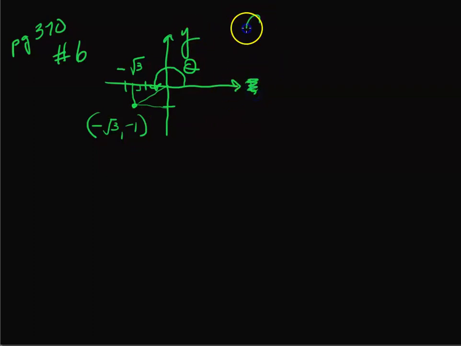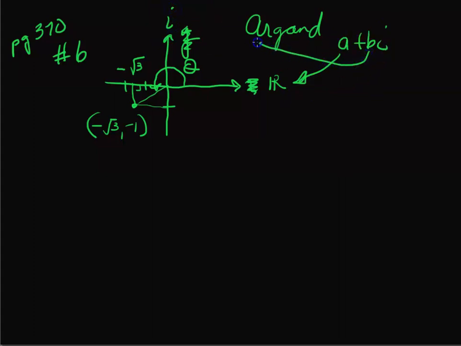This is called the Argand plane, named after a man named Argand. He said, well, let's consider this the real number axis. That's the a's, all the a's are in that. And this, the imaginary axis, that's where all the b's are plotted. So this negative square root of 3, -1 is really negative square root of 3 minus 1i. So this whole thing becomes then that complex number in the Argand plane.